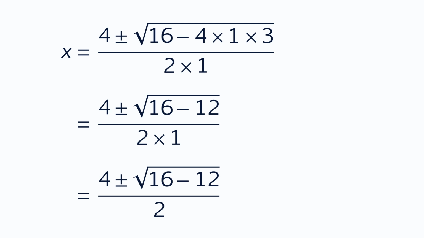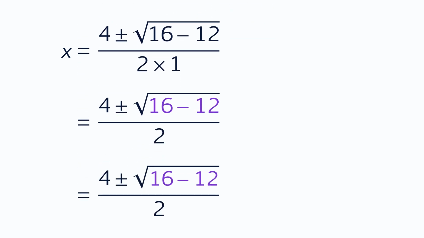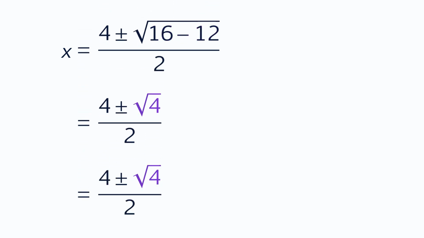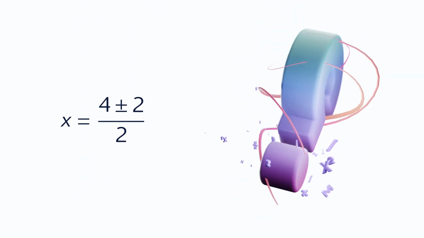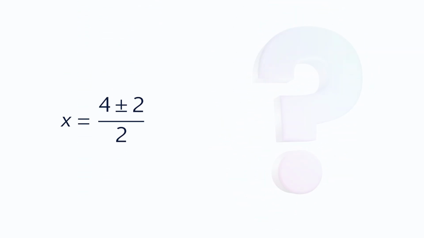From here, you continue to work under the root, which leaves you with the square root of 4. You work with the square root until there is nothing more to do. In this case, calculating the square root of 4, which is 2. Now, what to do with the plus or minus situation? This is easy.